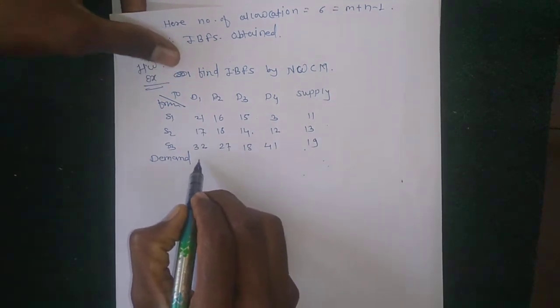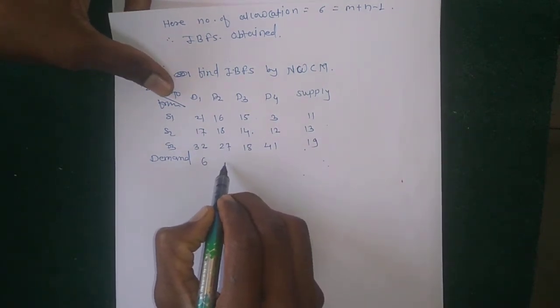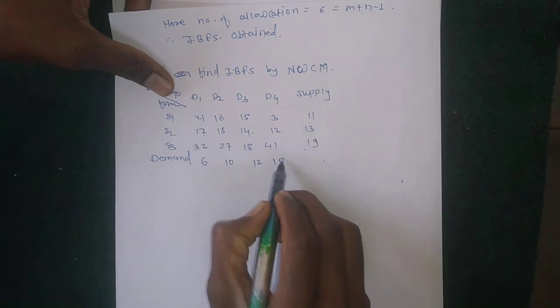The supply is 91, and the demand is 6 for D1, 10 for D2, then 12 and 15.